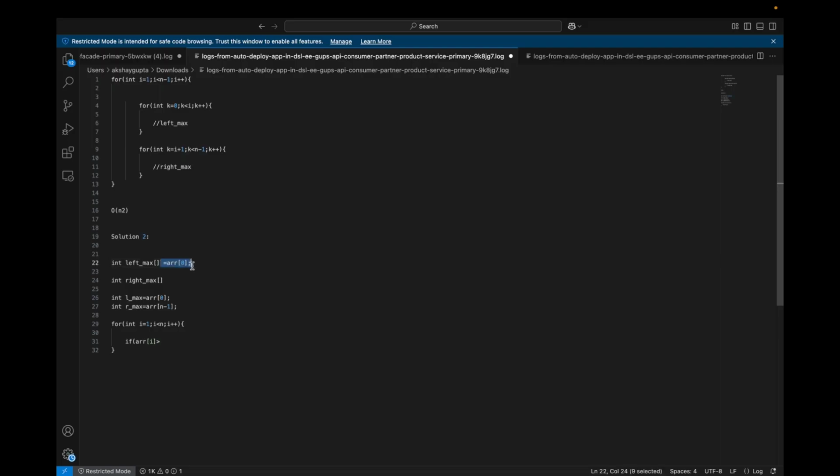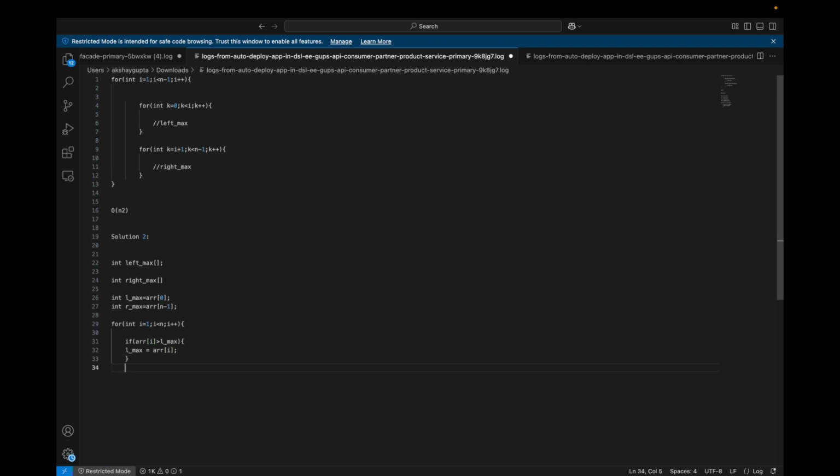If we see any element which is greater than the left max, we will update the left max. Simple solution, right? Same thing we will do for the calculation of the right max.